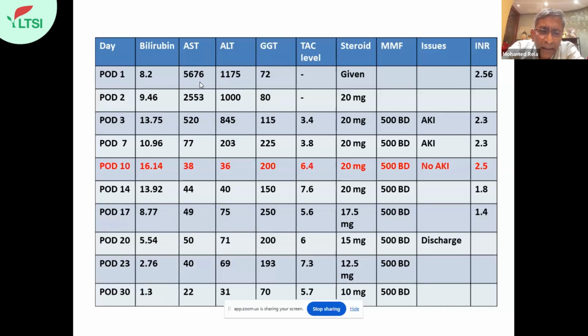Now, the other thing that you need to remember is for AST to halve every day, you shouldn't have an ongoing injury to the liver. So when you see that it is halved, there is no more ongoing injury to the liver. Whatever injury happened was at the time of reperfusion or during the first day.